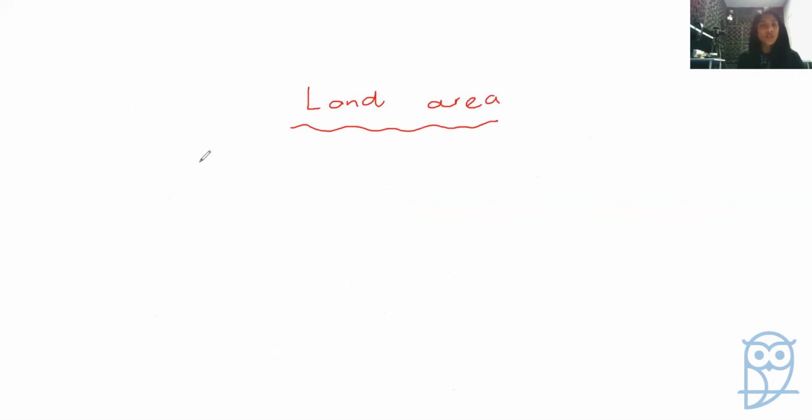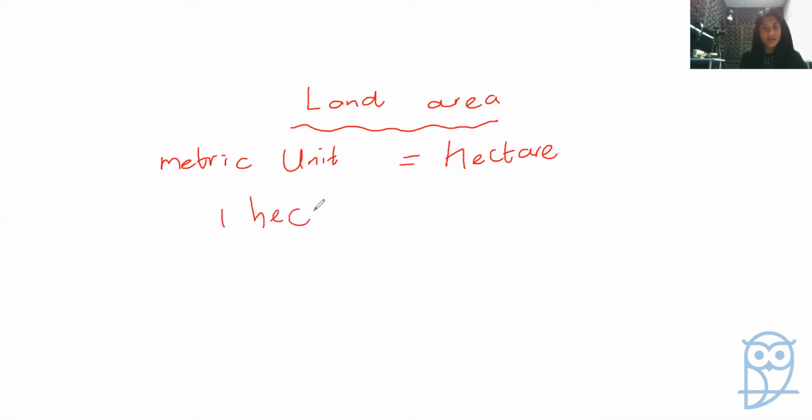We know the metric unit of land area is the hectare. And for every 1 hectare, it is equal to 10,000 meters squared.